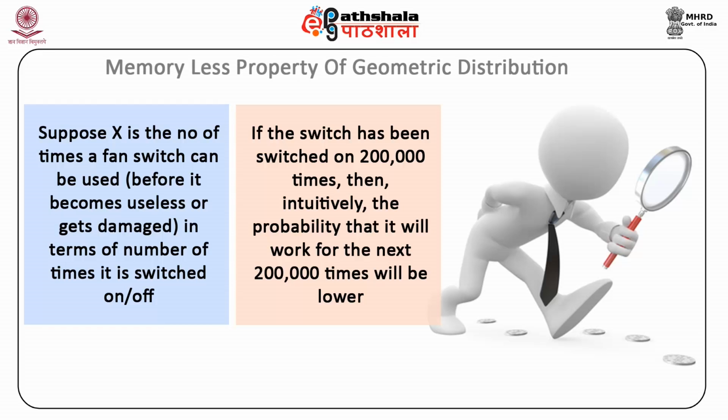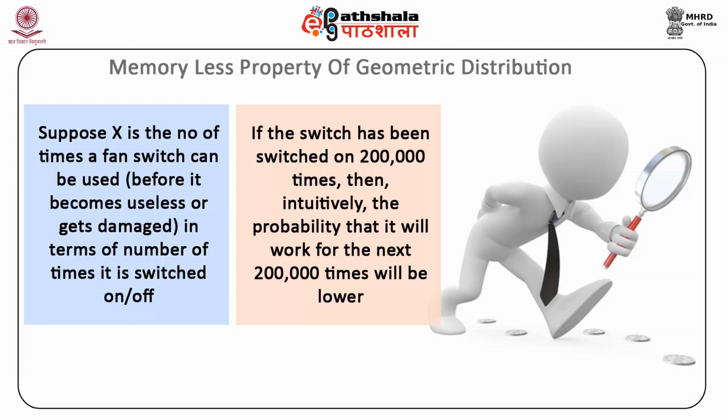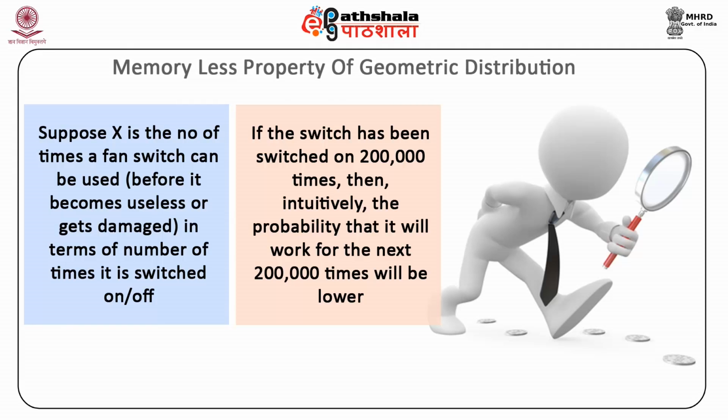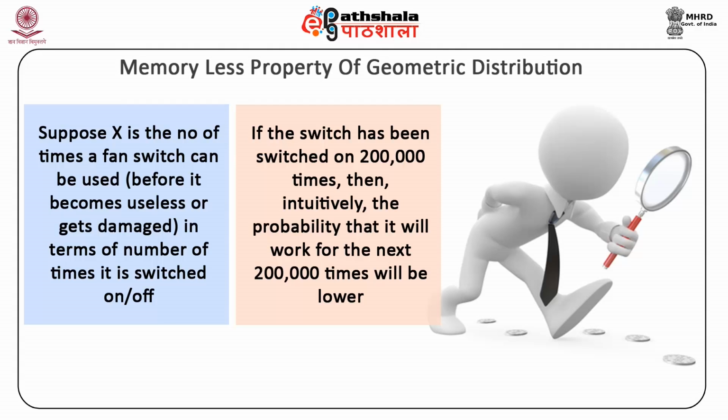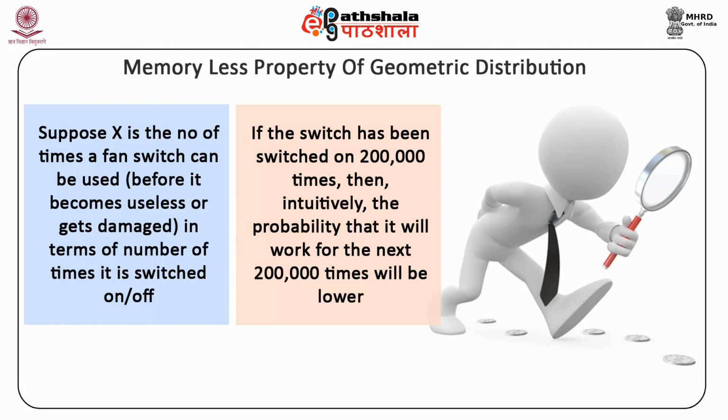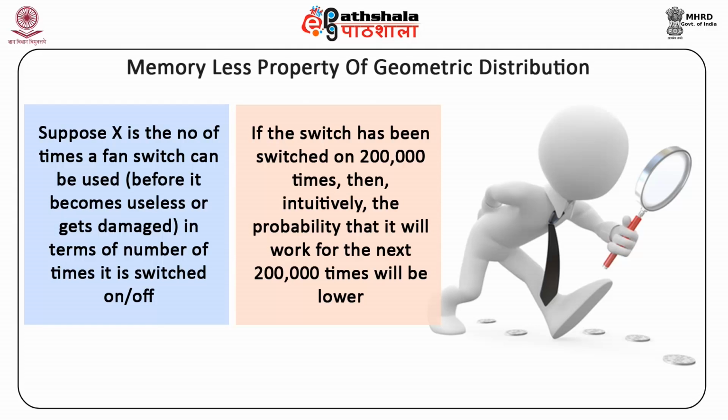However, memorylessness implies that the probability of lasting from 1 lakh 1 to 2 lakh switches is the same as the probability of lasting between 0 and 2 lakh switches. The switch has no wear and tear as per this property. In other words, the probabilities are not impacted by how many times it has already been used.